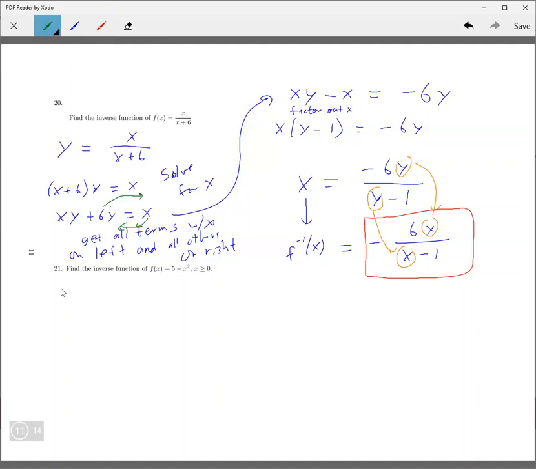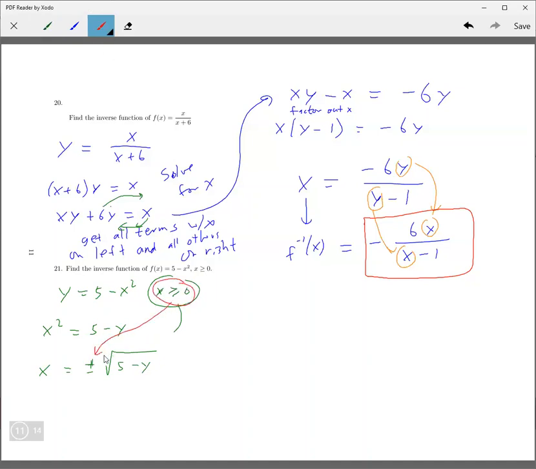Okay, same kind of concept here. Replace the f of x with a y. We have x is greater than or equal to 0. So now I want to solve for x: bring this over here, bring the y over there. Extract square roots. You have a plus or minus. That's a problem, having a plus or minus. But this piece here resolves that, and it has to be a plus.